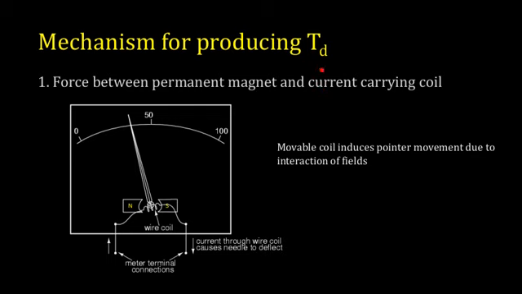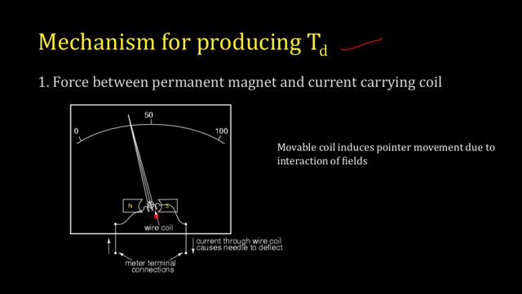Now you have two or three mechanisms to produce deflection torque. First one is force between a permanent magnet and a current carrying coil. You have north and south indicated here, which is the permanent magnet. You have meter terminals. Here your current will be entering, flowing through a coil, and moving out.